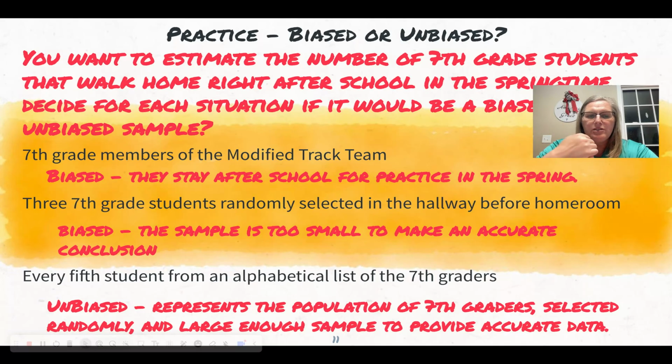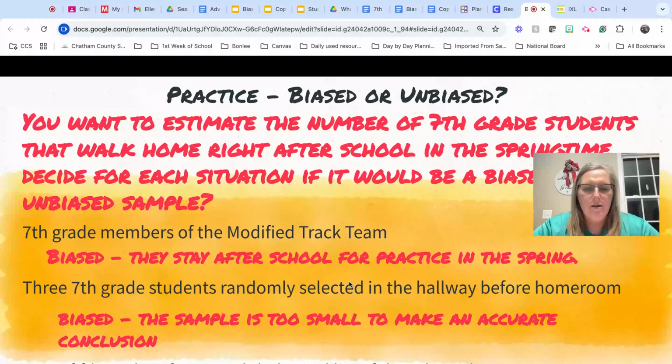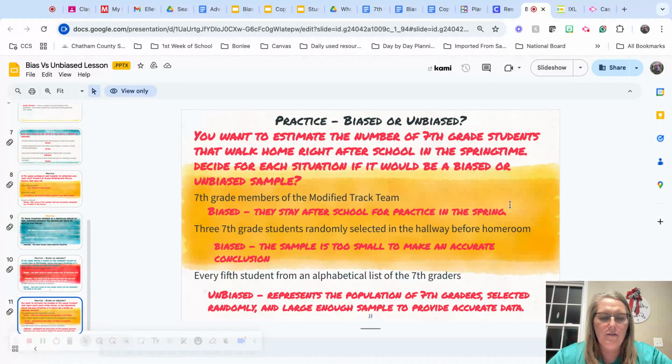Bias would be you're leaning to one side, or you're just getting opinions from certain people. And unbiased would be you get opinions from a larger group that would truly represent your population.